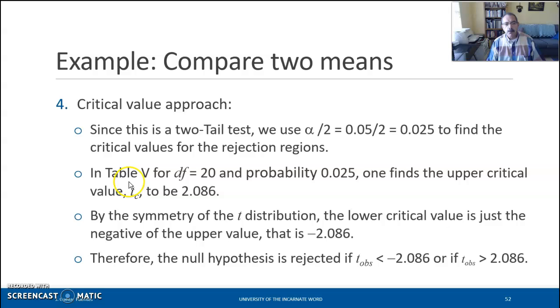So we go into table 5, we look at the row of 20 degrees of freedom and the column of 0.025 probability, and you find that the upper critical value is 2.086. By the symmetry of the t-distribution, the lower value is minus 2.086. And so the null hypothesis will be rejected if the t observed value is smaller than minus 2.086 or if it is larger than 2.086.